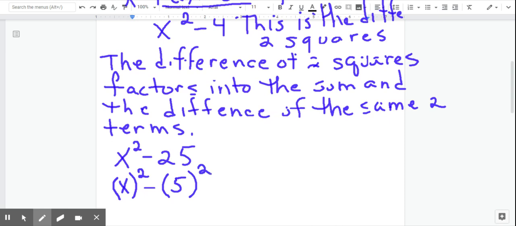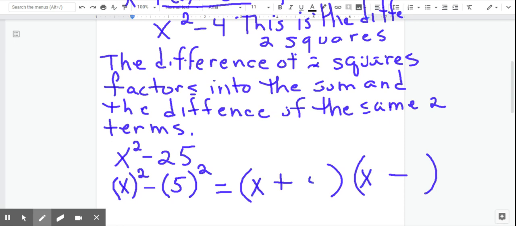So it is the difference of two perfect squares. That factors into the sum and the difference of the same two terms, and there are your terms for you: x and x, 5 and 5.